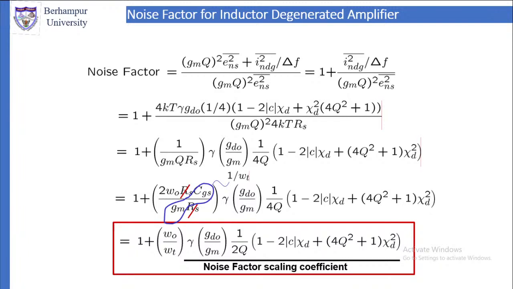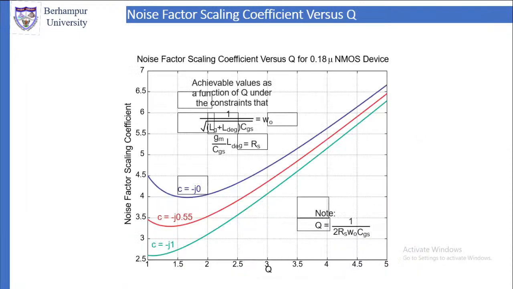So now 1 by 2Q into 1 minus 2 absolute C ZD plus 4Q square plus 1 ZD square. This factor from gamma to ZD square is called the noise factor scaling coefficient.